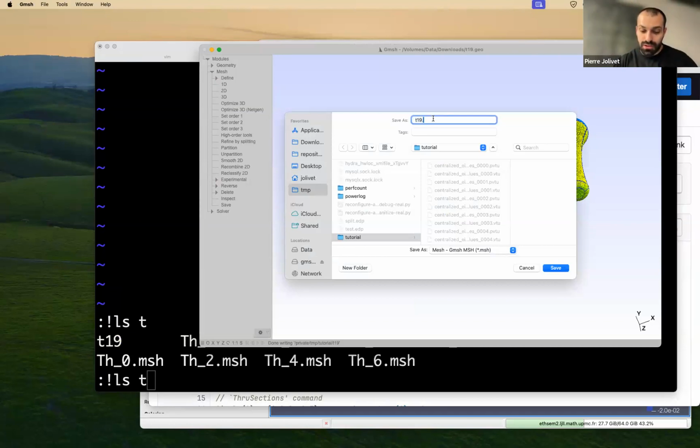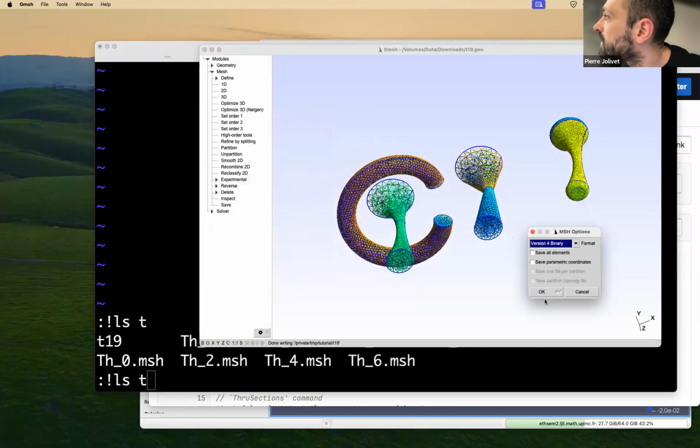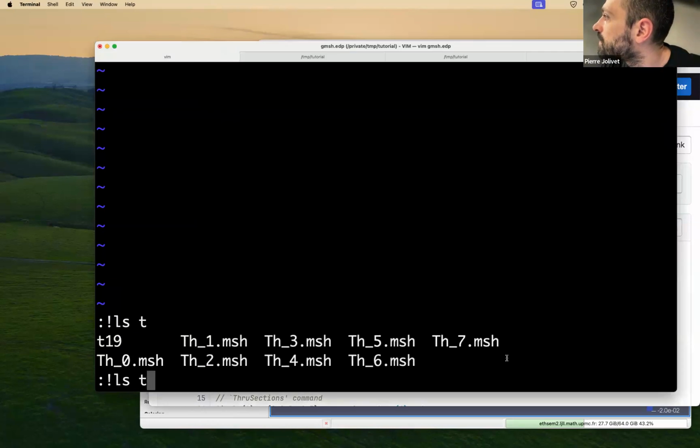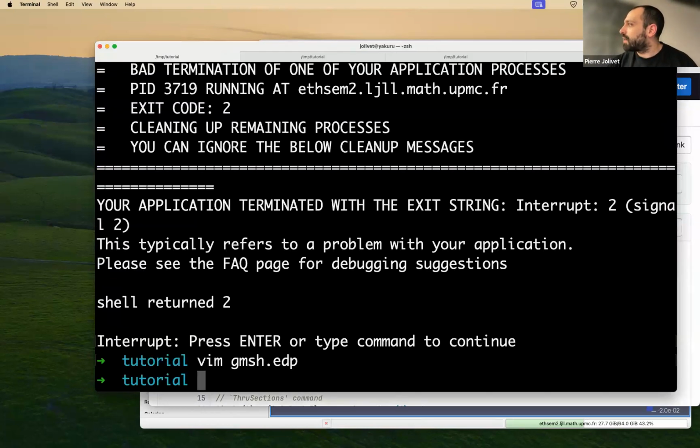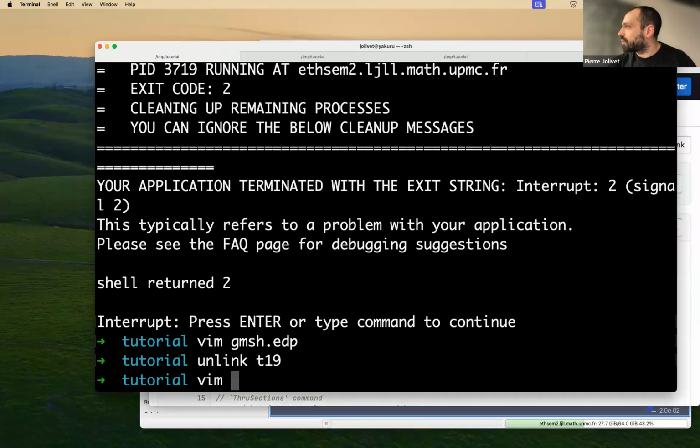Ouais. .msh. OK. Donc je supprime ça. Et juste, je regarde t19.msh.